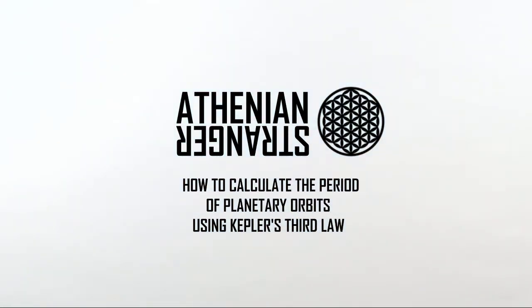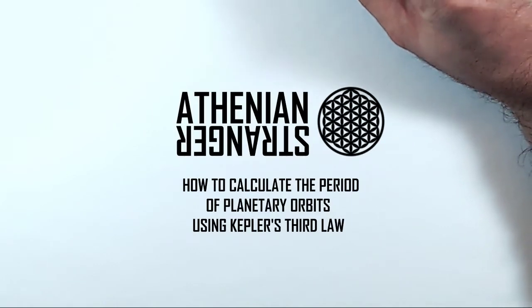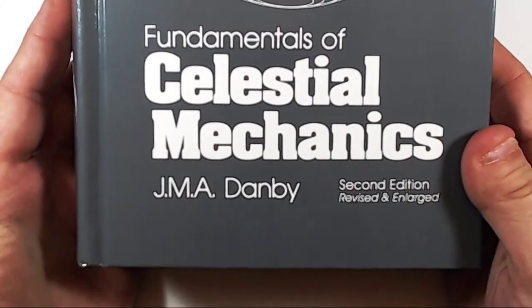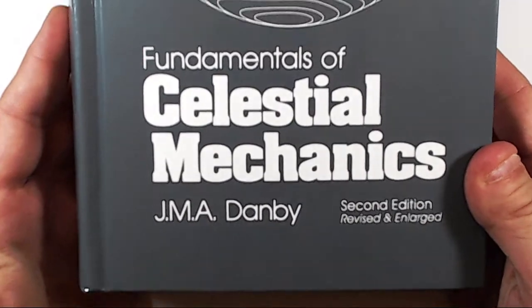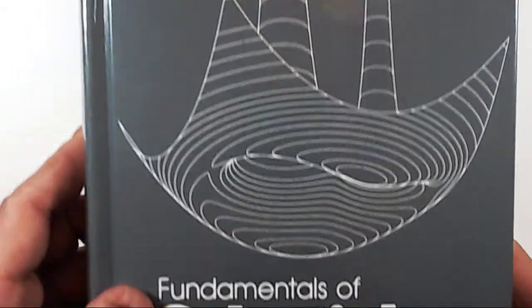celestial mechanics, and I'm taking the information for this tutorial from a book that I just received in the mail called The Fundamentals of Celestial Mechanics by Danby. Very neat book.